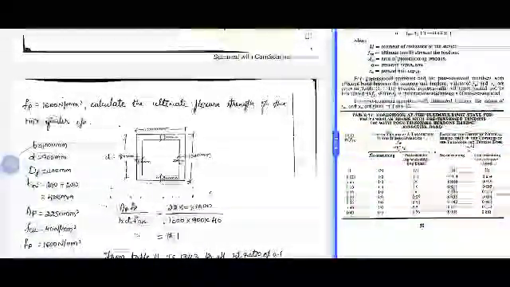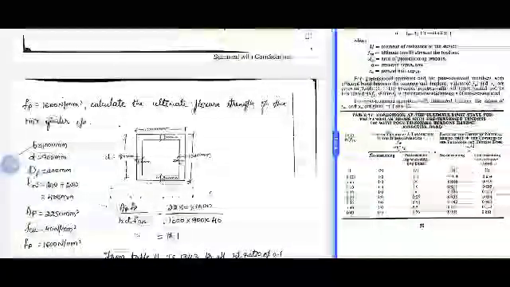So here you can observe in the diagram, the overall dimension of the box girder is 1 meter by 1 meter and the thickness of the wall is 200 mm all round. Effective depth is 900 mm from the top. So the width of the flange will be 1000 mm, the effective depth will be 900 mm, and the thickness of the web is 200 mm.